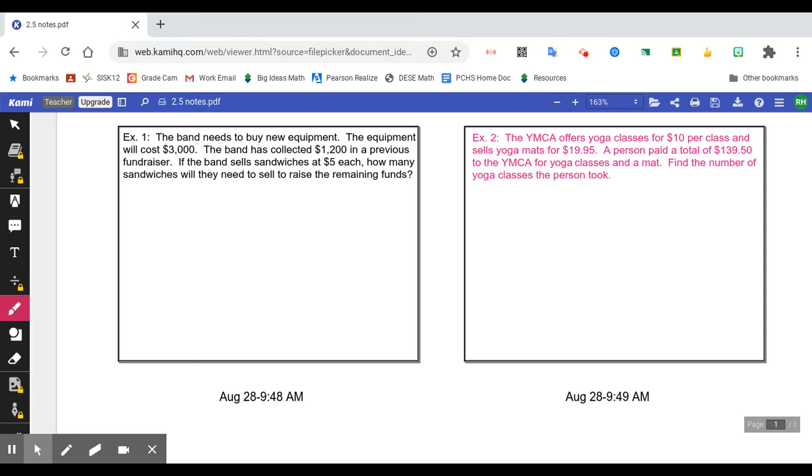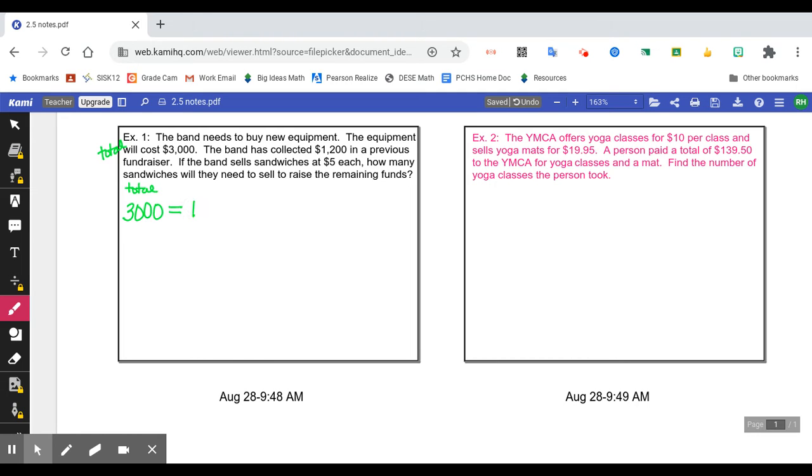The band needs to buy new equipment. The equipment will cost $3,000. Okay, so the total of the cost will be $3,000. So here's our 3,000 equals. That's our total, right?